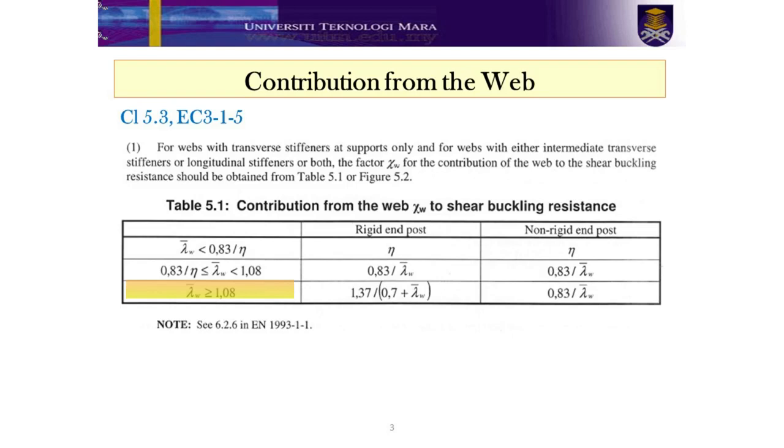It falls under the last category, where the slenderness parameter is larger than 1.08. Therefore, for the non-rigid end post, the contribution from the web is given by 0.83 over lambda W.